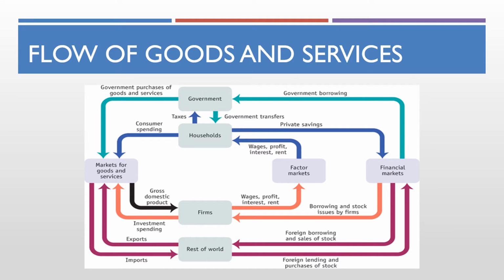Well, the rest of the world also interacts with the domestic economy in a different market, which is called the financial market. So anyone in the international financial markets can either borrow or lend money to our domestic financial markets.